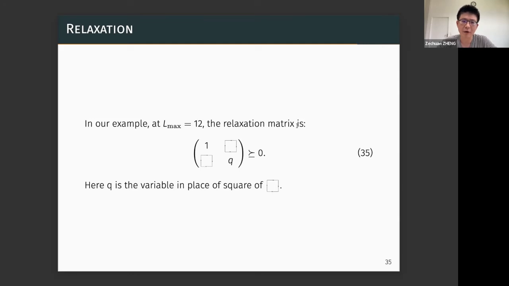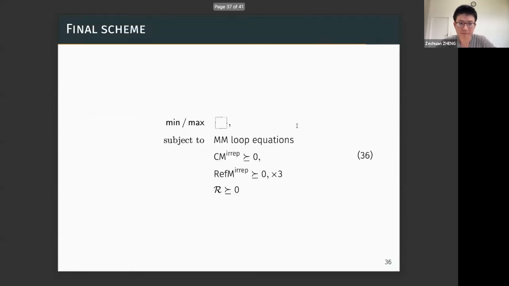For example, for our Yang-Mills bootstrap at Lmax equals 12, our relaxation matrix is this 2 times 2 matrix. Here Q is a variable in place of the square of the one plaquette average. Okay, then we finish. This is our final scheme. We minimize or maximize the one plaquette average to get the rigorous upper and lower bounds.